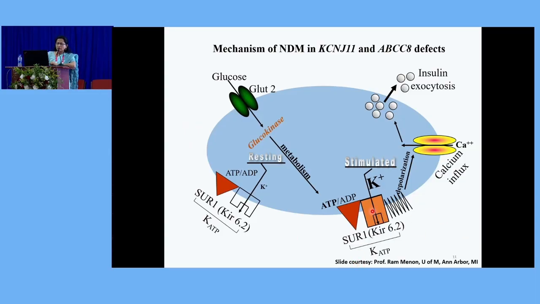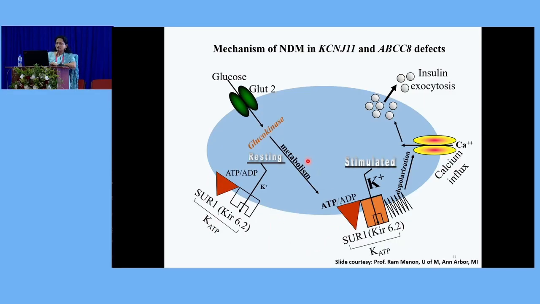Now, just a quick look at this picture where we are seeing the mechanism of neonatal diabetes in potassium channel defects. I'll begin from here. In the resting state, this is the potassium channel. Remember that this potassium channel is a leaky channel. So continuously potassium comes out, and this maintains the cell in a polarized state.